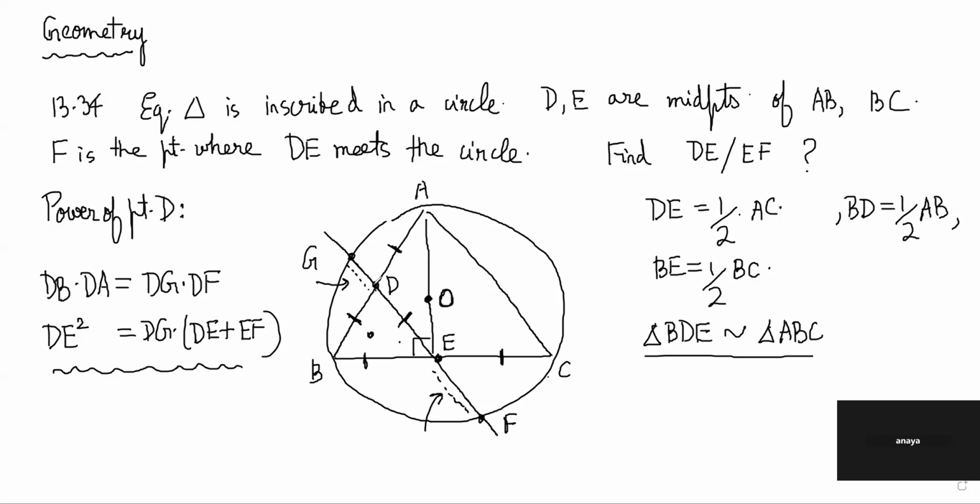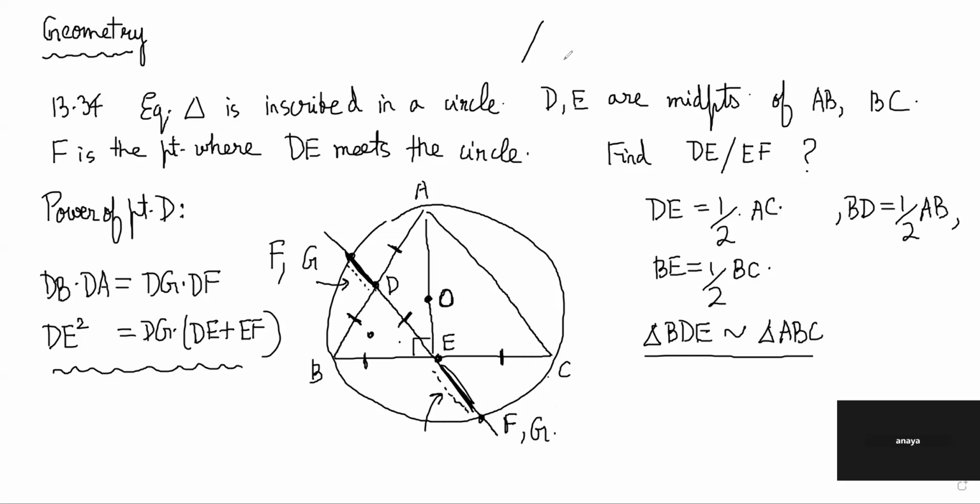By symmetry, because the triangle is equilateral and it doesn't matter which side you meet the circle, you could have called this point F and this point G also.